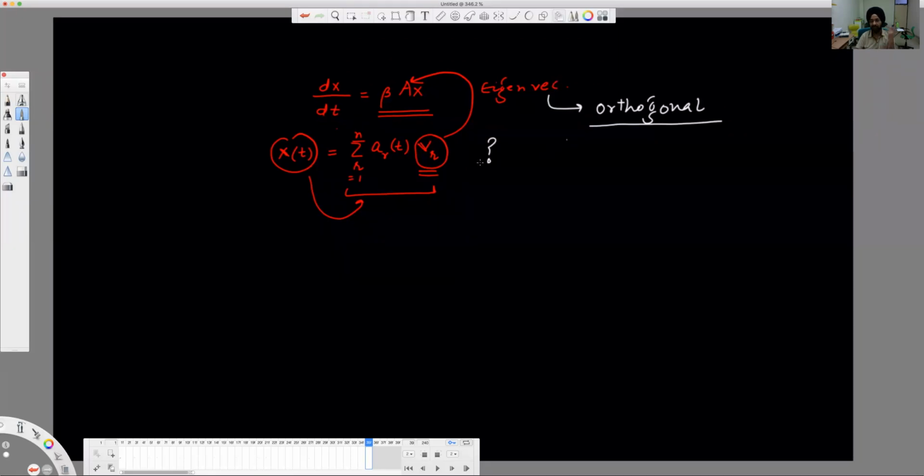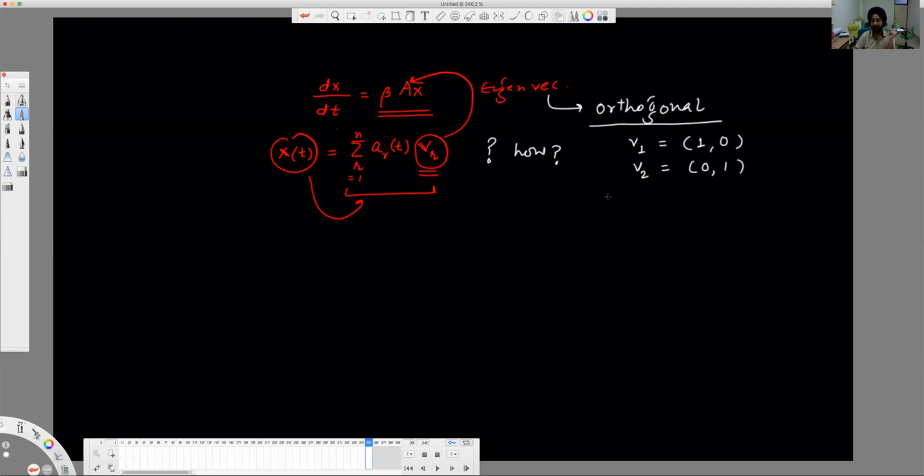The second question is, how is this true now? Can we have some example or derivation for that? Well, the simplest thing you can do is take a very easy example. One eigenvector which is (1, 0), and another one, let's say these are column vectors, (0, 1), so they are orthogonal, right?